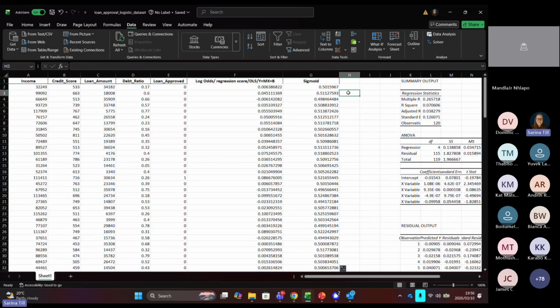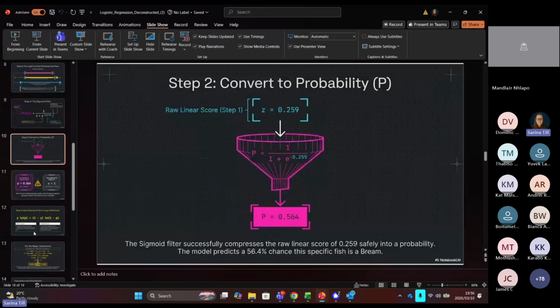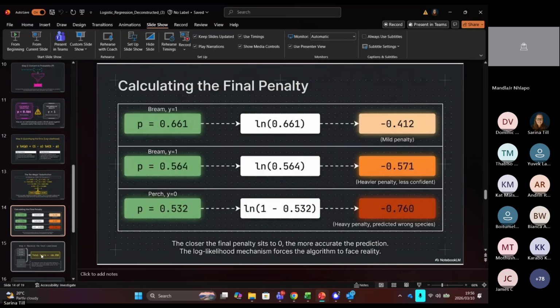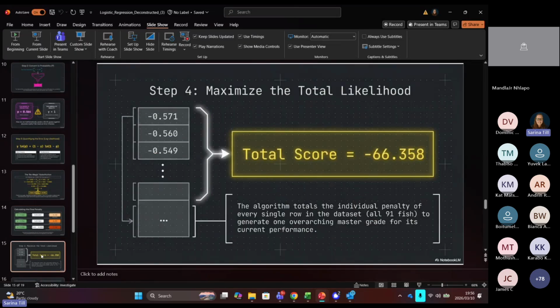So remember we spoke about gradient descent. Did I put it in these slides? When you go look up logistic regression, and you ask, how do we optimize it, or how do we make it better? Because remember, there should be multiple iterations of this. So what we do is we maximize the total likelihood.